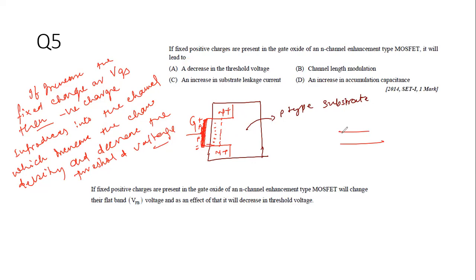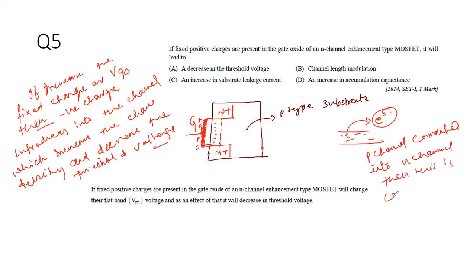And as we know, if entire holes are converted into electrons, that is P channel converted into N channel, then that particular voltage is called the threshold voltage.